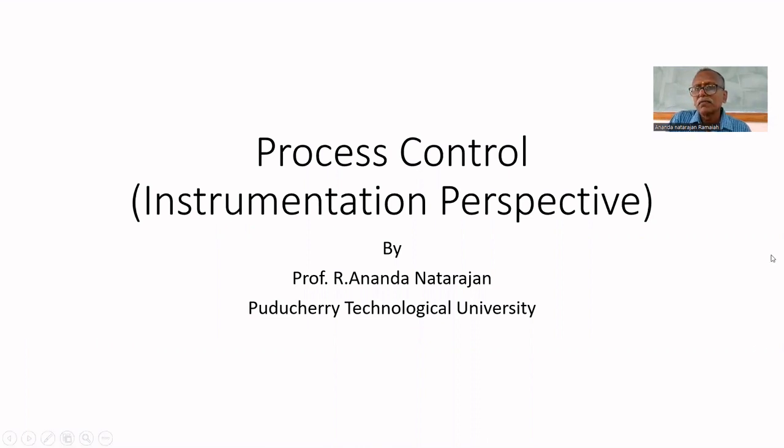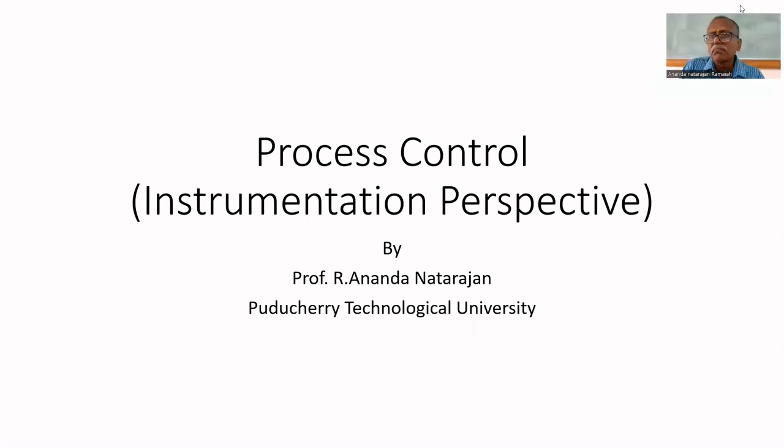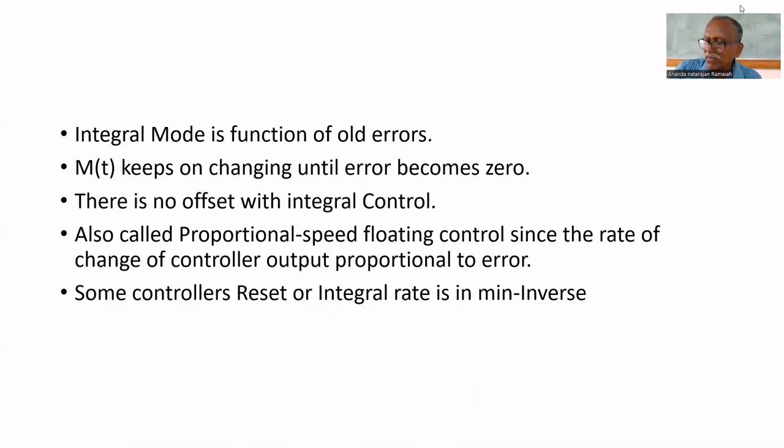Yesterday we have seen the integral mode of a PID controller. We have seen that it is a function of old error. Yesterday we saw one example: suppose you want to drive a car at 60 kilometers per hour, that is the set point.